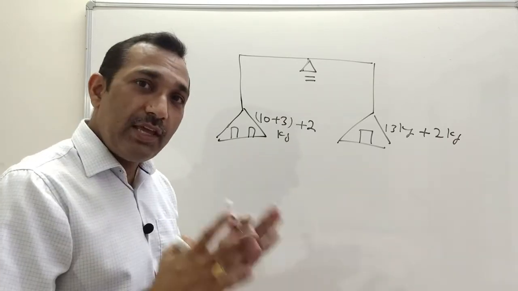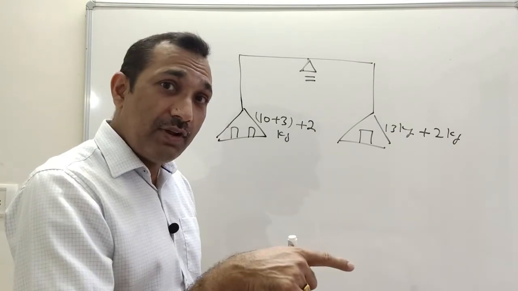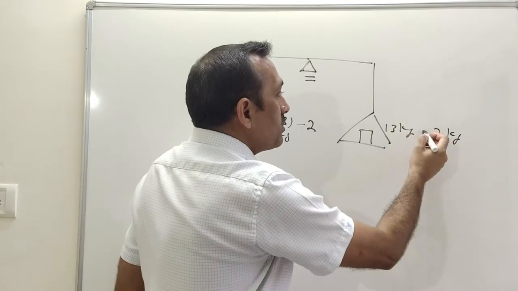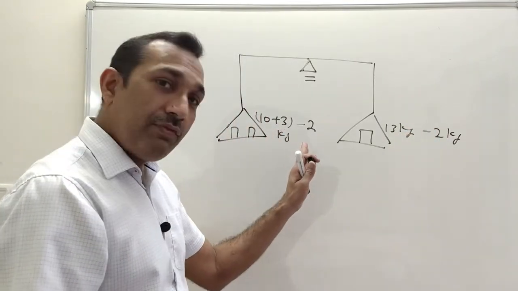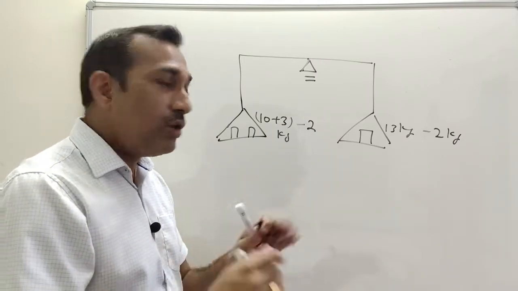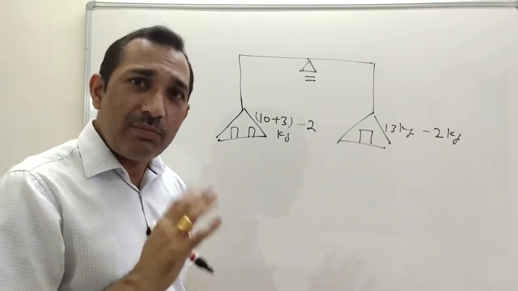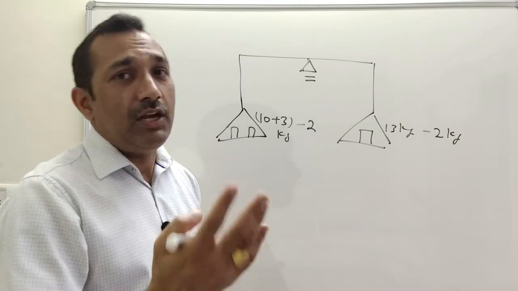So similarly in an equation, if I add or subtract a number, say for example I subtract 2 kilogram, then I need to subtract 2 kilogram here also. That means if I add or subtract the same number on both sides, then my equation will be balanced. Now let me think about what happens with multiplying and division.